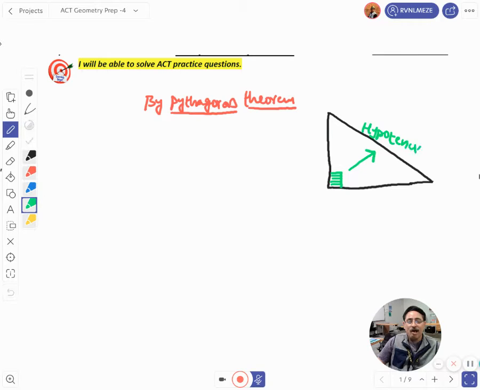In fact, this is the longest side of all the three sides.